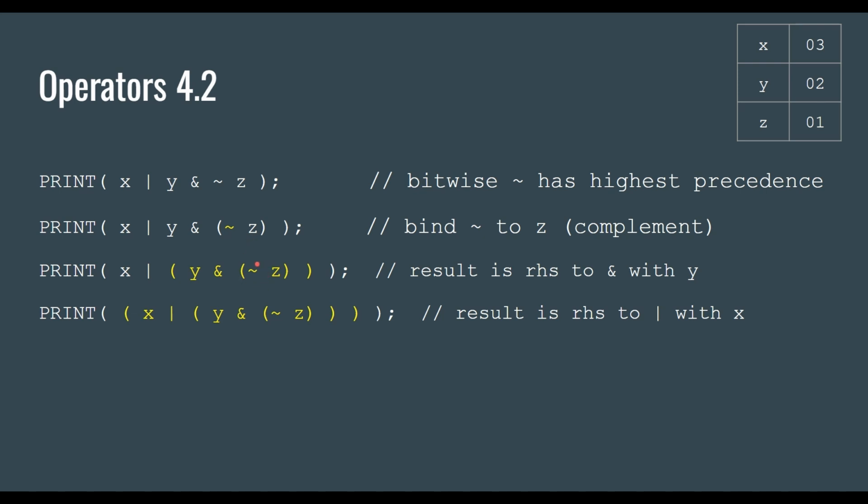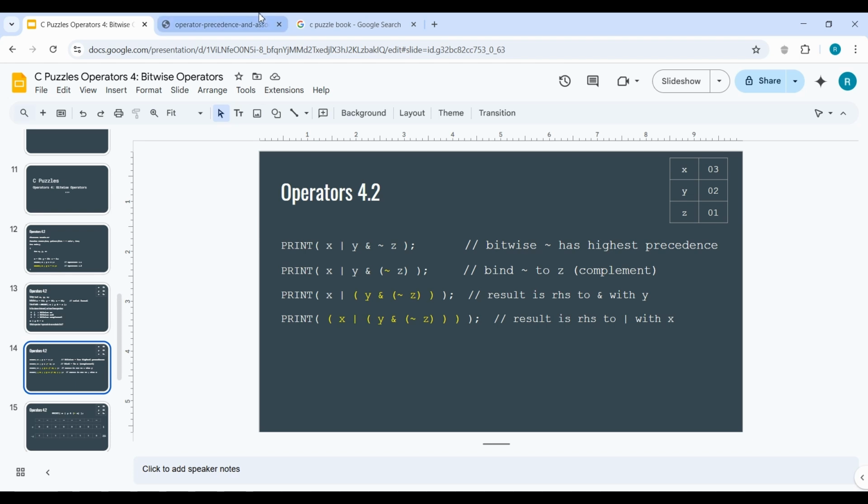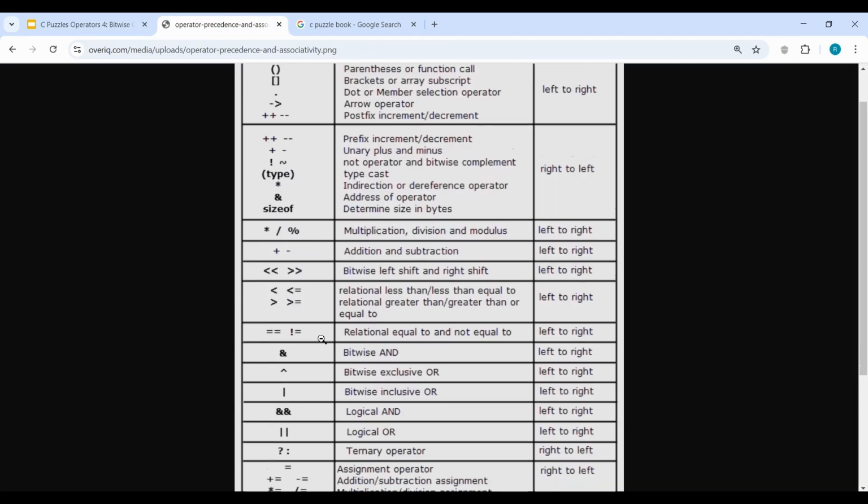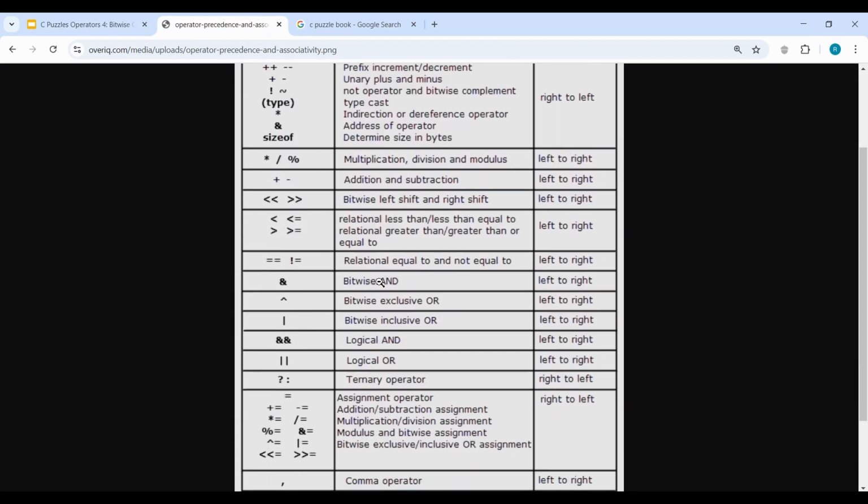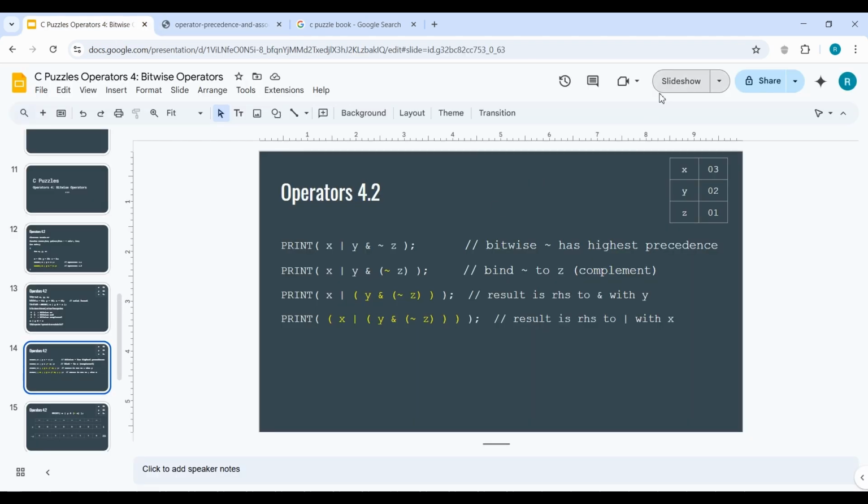Now that we have done this, the next bitwise operator that takes precedence is the ampersand here, the bitwise ANDing. Going back to our table, we can see that the bitwise AND has a higher precedence than the bitwise inclusive OR, as we saw in the previous 4.1 video.